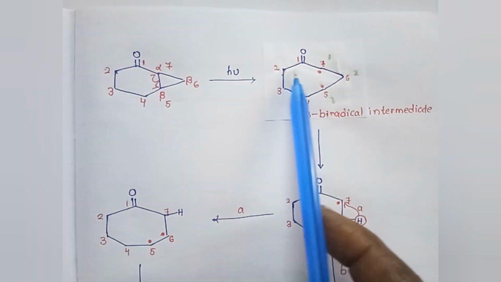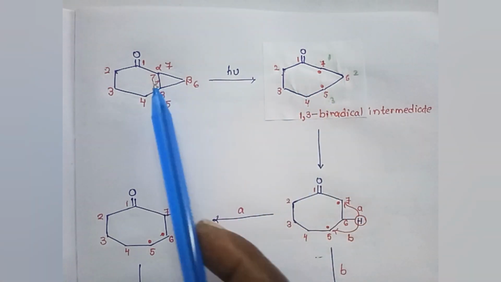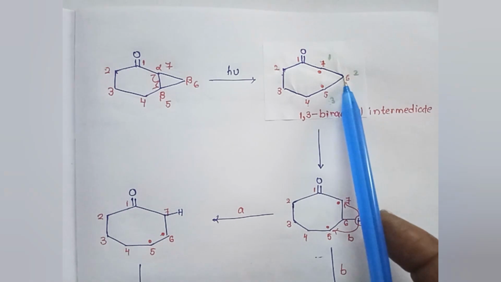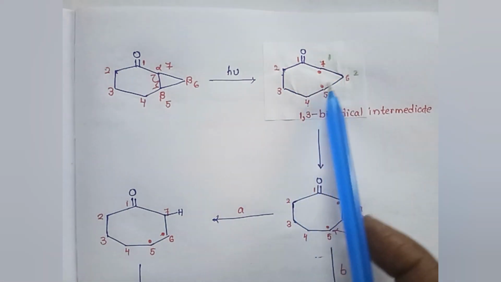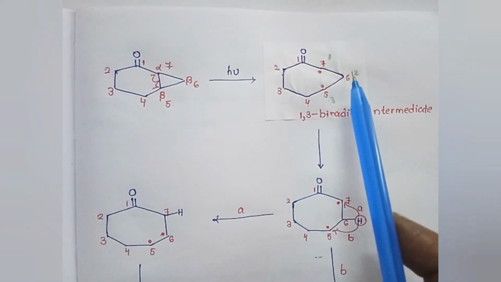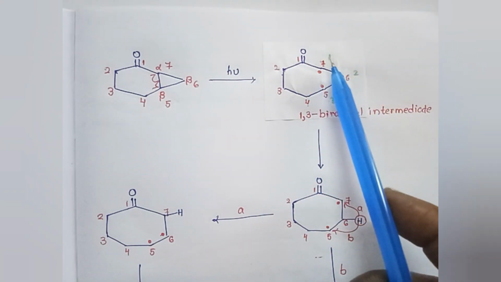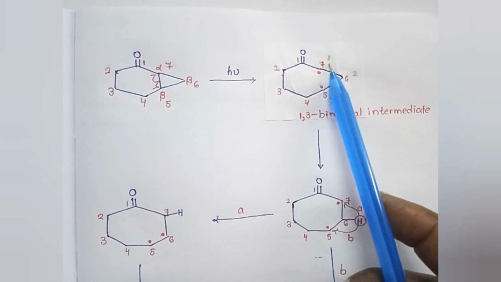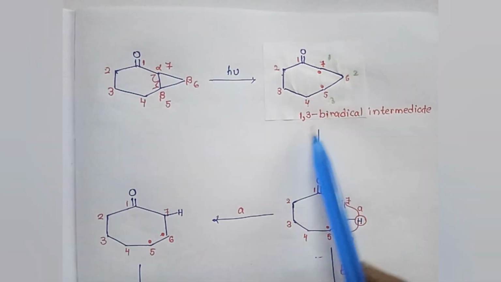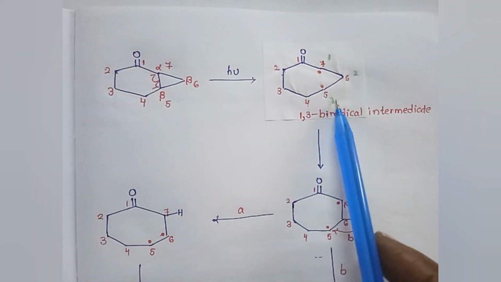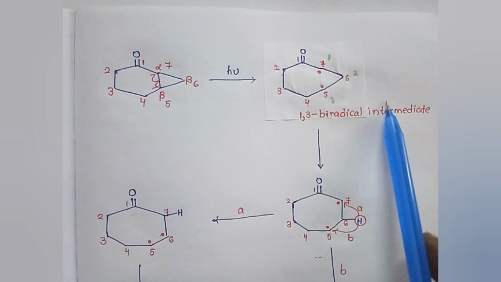As a result of cleavage of this bond between these alpha and beta carbon atoms, we get a 7-membered cyclic carbonyl compound. If we consider the radicals, this is the first radical, first carbon, second carbon, third carbon. So this is a 1,3 biradical intermediate. So this is the primary process.